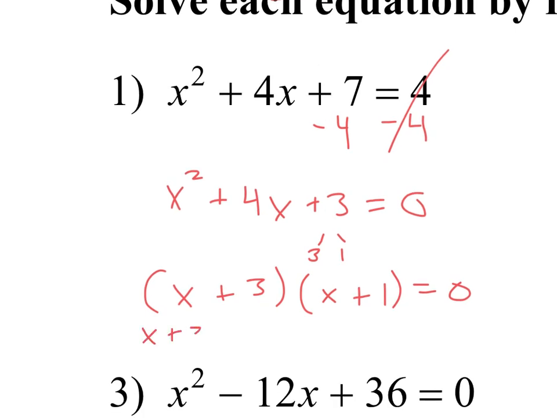So we have x plus 3 is equal to 0 and x plus 1 is equal to 0. What do we get for x in our first equation? How do we move that 3 to the other side? Subtract it. So we get x is equal to negative 3. And what about the second equation? What do we get for x? x is equal to negative 1.